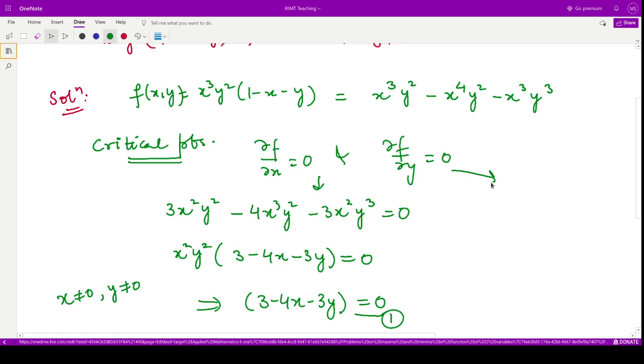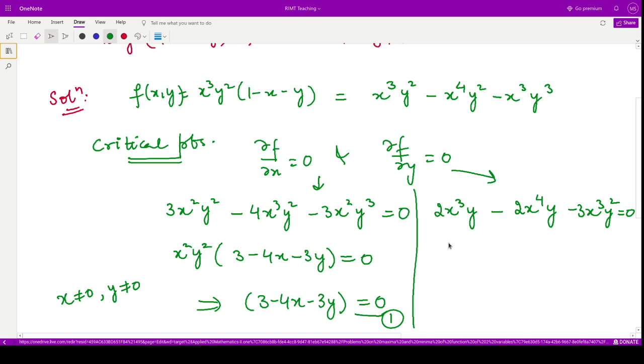Now we have to solve the second expression. For that, we'll evaluate the partial derivative of f with respect to y. That would be 2x cube y, and then minus 2x raised to power 4 into y, and then minus 3x cube y square. This quantity is equal to 0.